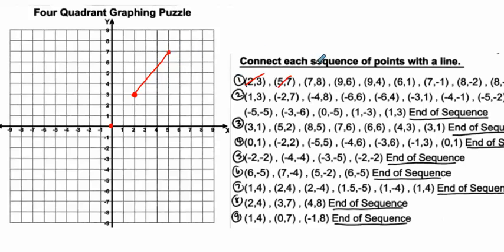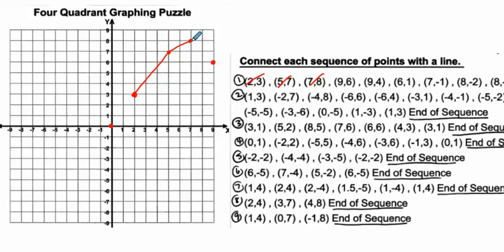So the next one is 7, 8. I'm going to go over to 7, up to 8. I'm going to connect them. Cross it off. Next one, 9, 6. I'm going to go over to 9, up to 6. If you need to, pause the video if need be.